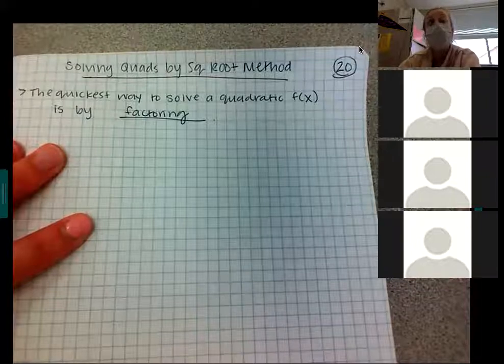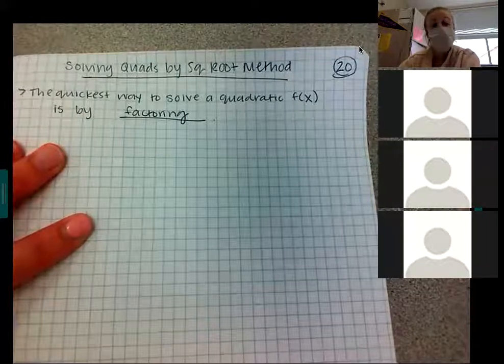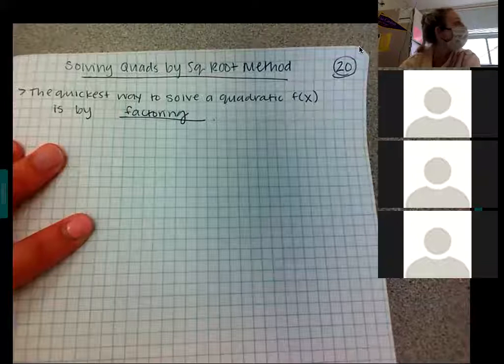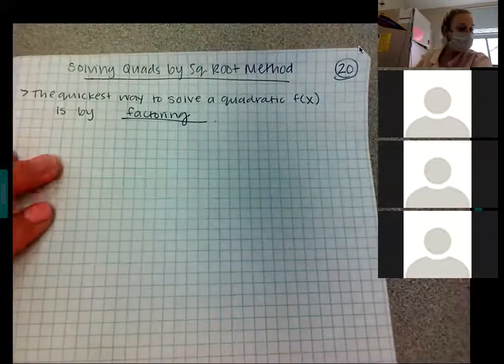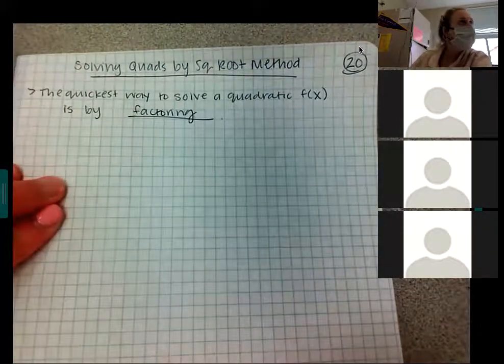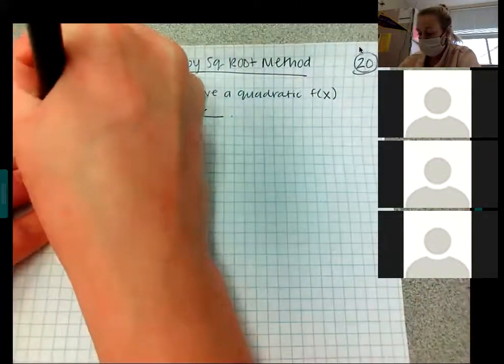Normally, factoring is the quickest way. So what we're going to talk about today is if it looks like a special kind of quadratic, you can use this shortcut called the square root method, okay? All right, so what'd you say? I think some of you might have learned it in Math 1. Some people may have.